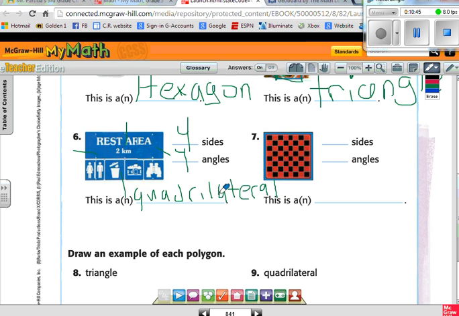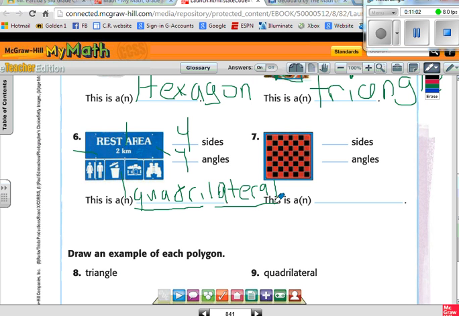Quad means four, okay, and lateral means sides. So how many sides? Four sides.